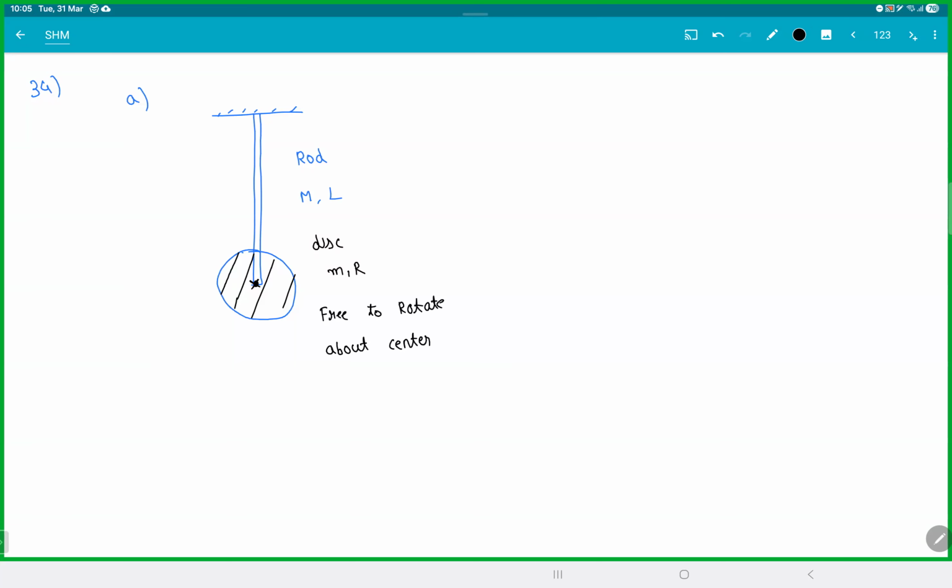The disk is free to rotate there. So here the disk is stuck. The disk is welded at the center. So there is no hinge there.